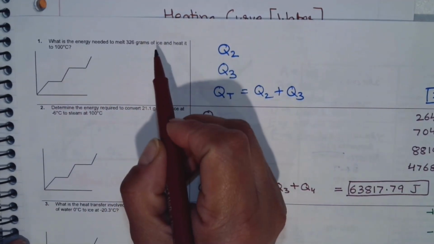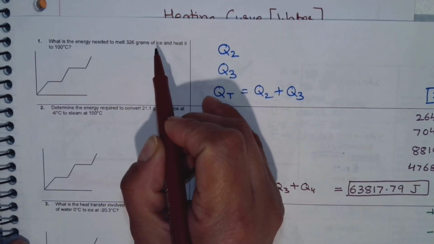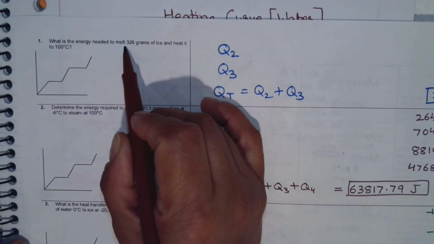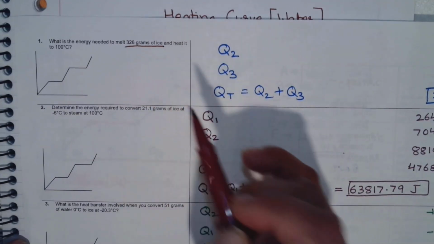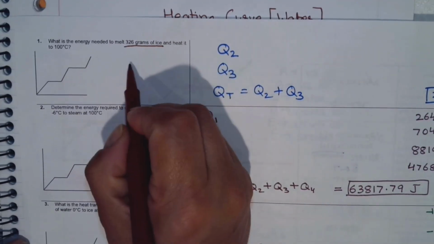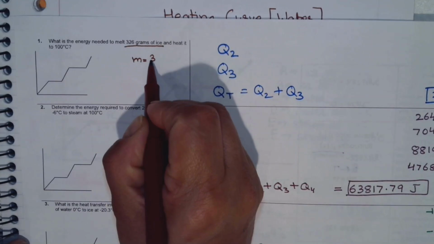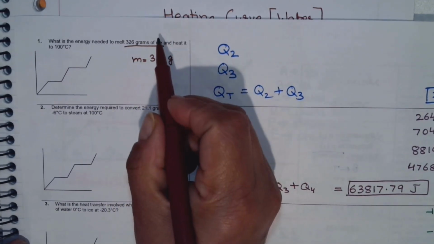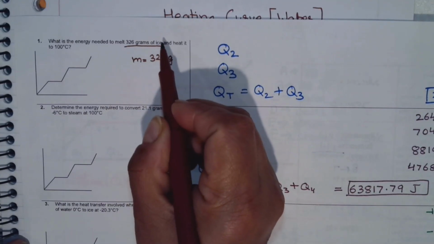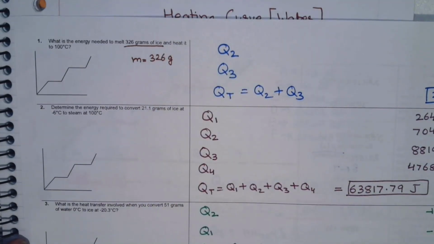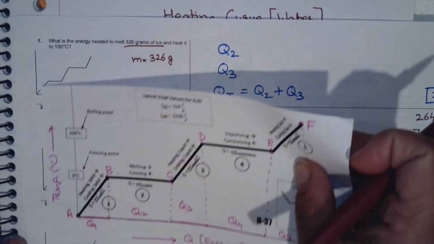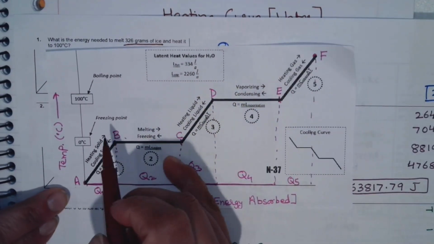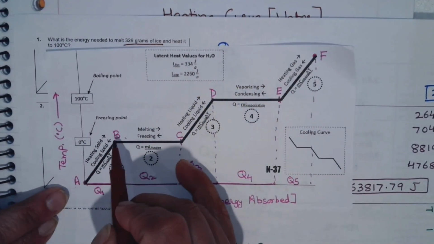Now, what is the information given to us? We are starting at ice. We have 326 grams of ice, right? So the mass is 326 grams. Now, since we do not know the initial temperature of the ice, it means we are starting at 0 degrees Celsius, right?